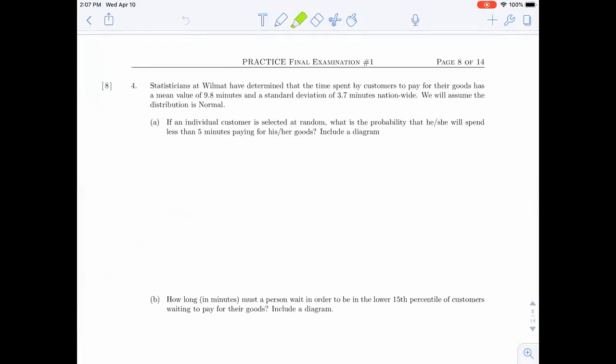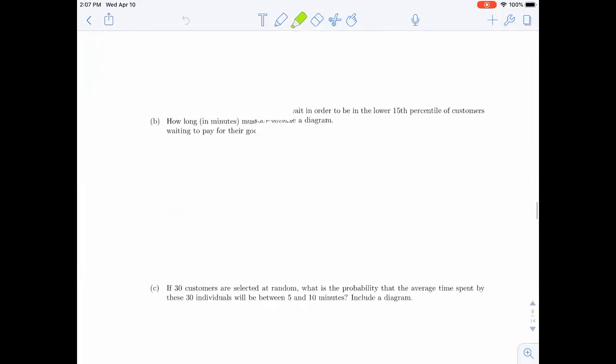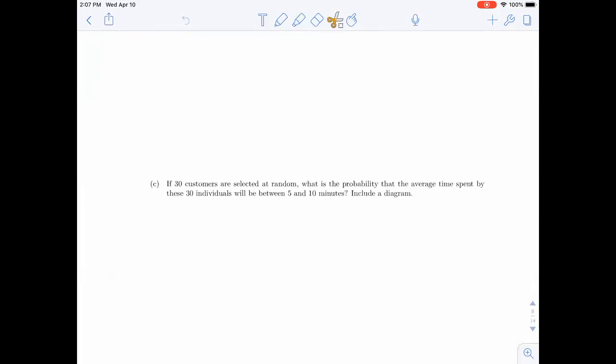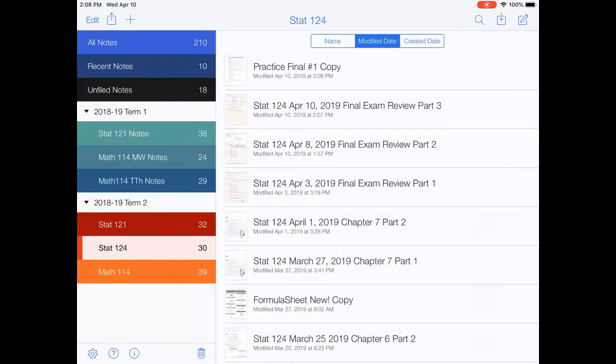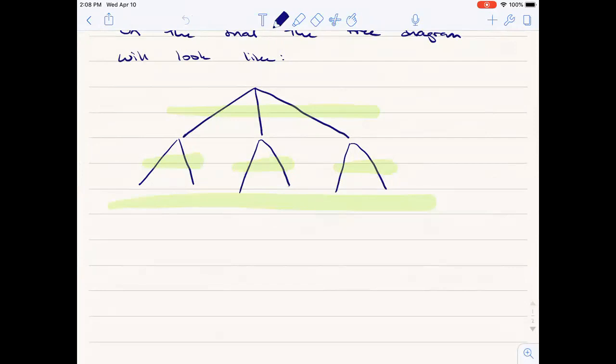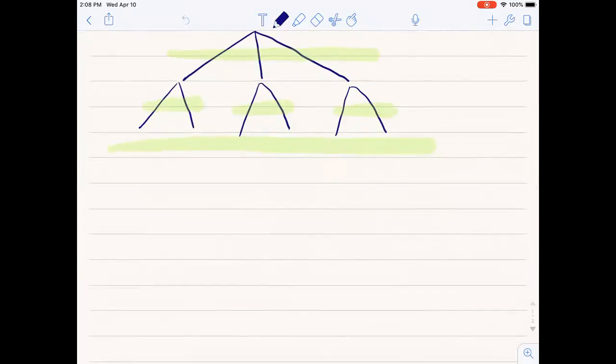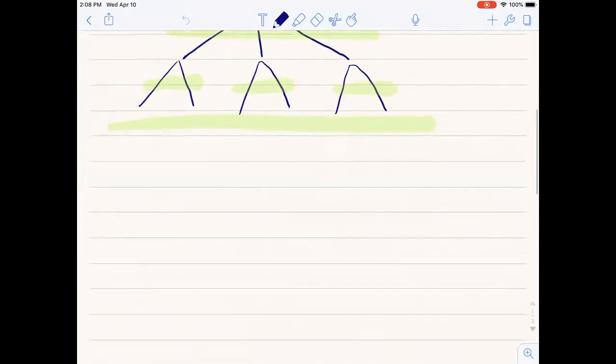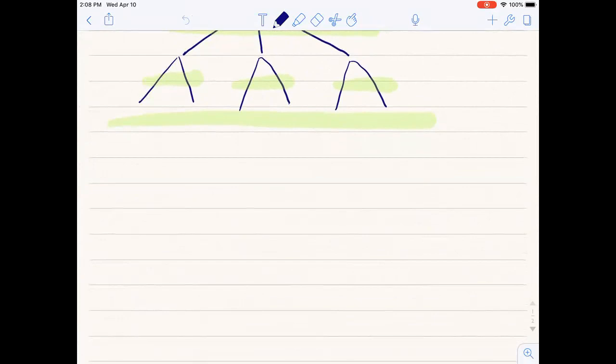Okay, so we did part A, we did part B last day, so we're going to jump in and do part C here. And I know it's kind of jolting into it here, but got a lot to get through. Not that much time. So practice final number 1 continued.